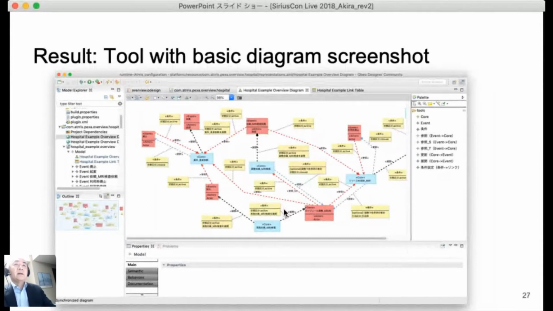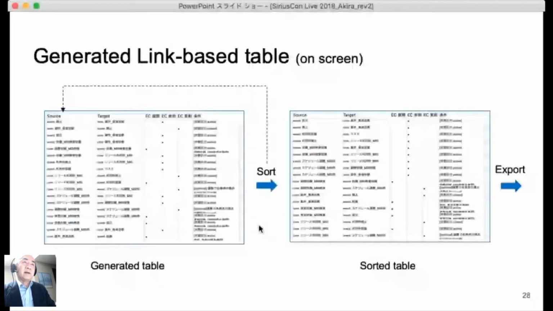The interesting part is a table. From that diagram, we can generate a table, but the table is, in my case, a link-based table. For this, I didn't show the link ID, but it's a list of links which contains source, target, and conditions.